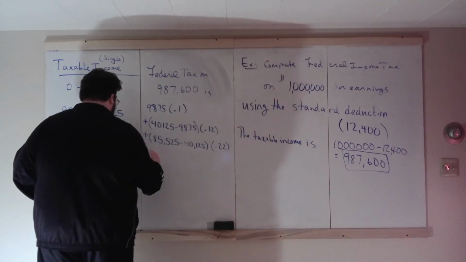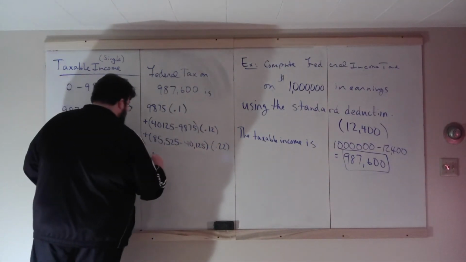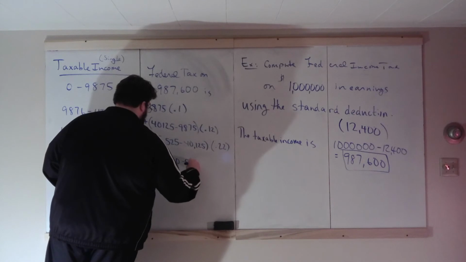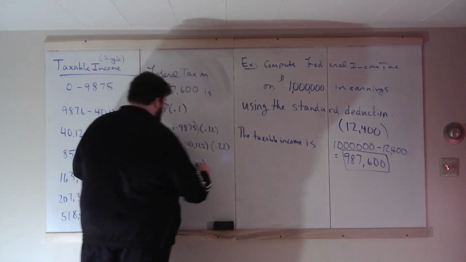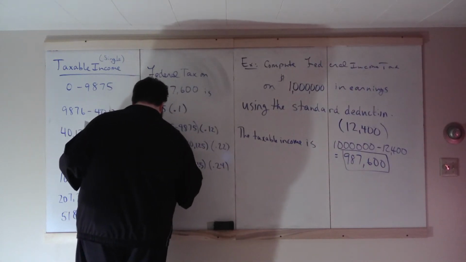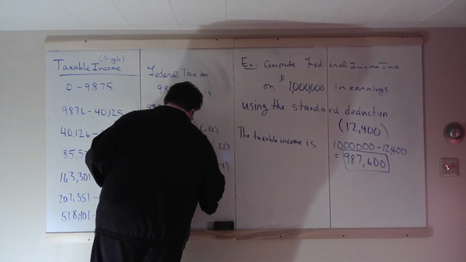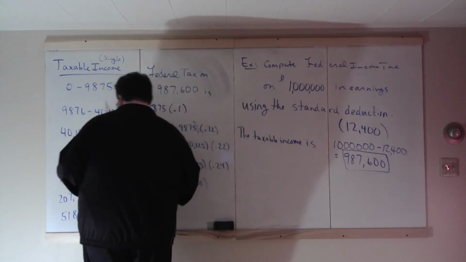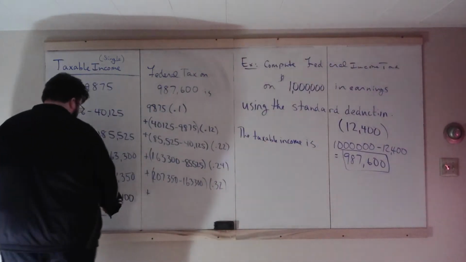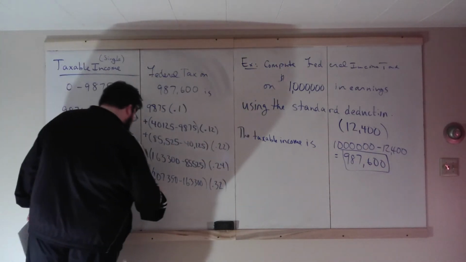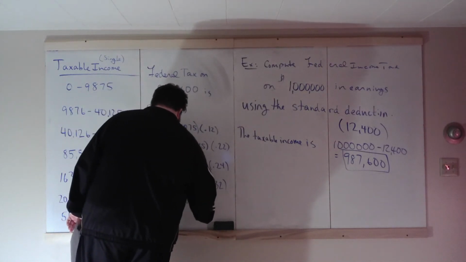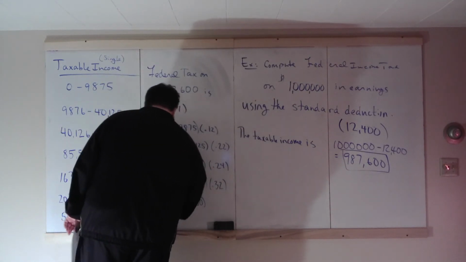The next 163,300 minus 85,525 is taxed at 24%. The next 207,350 minus 163,300 is taxed at 32%. The next 518,400 minus 207,350 is taxed at 35%.